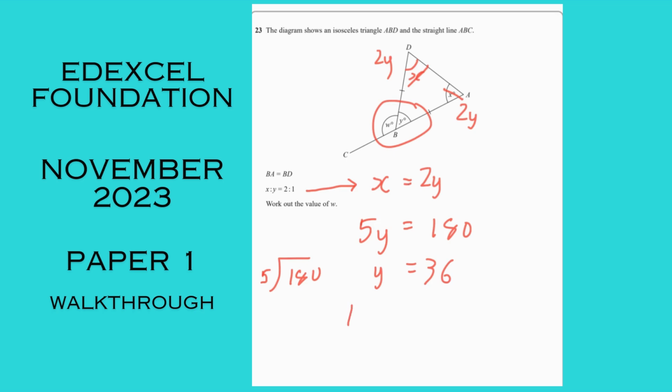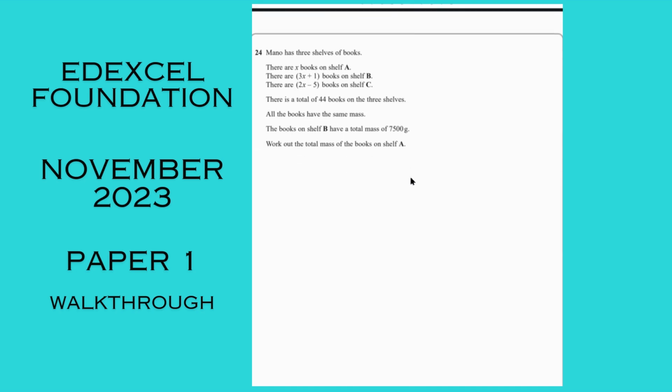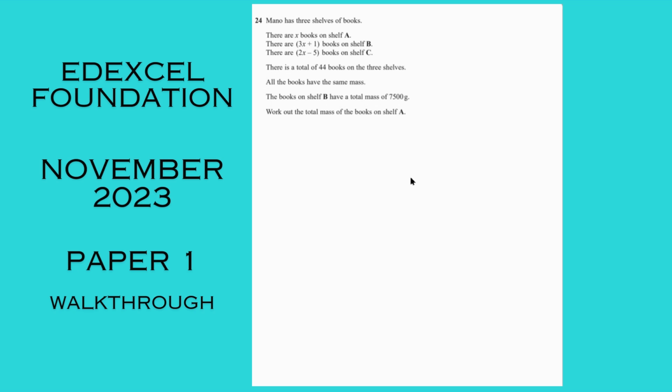W and y make a straight line. Do a subtraction however you want, column subtraction, or take off 30 to get 150, take off 6 to get 144. Number 14. Very wordy, but just take it one step at a time.